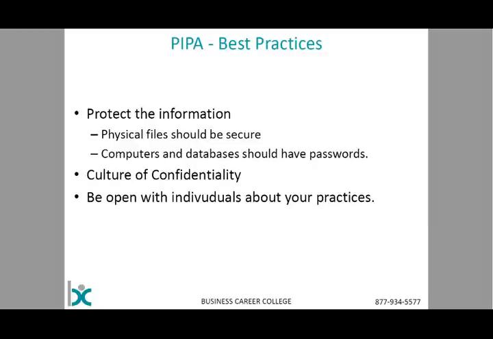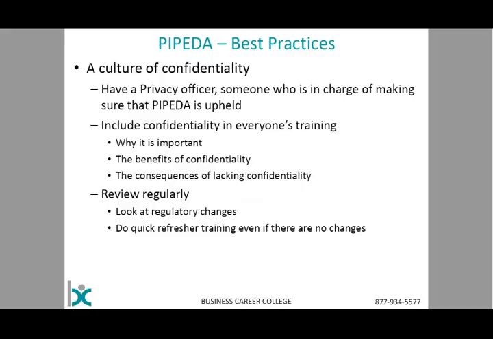I'd also like to take a minute to reflect back on the idea of a culture of confidentiality again. So the same principles that we talked about before under PIPEDA would apply. You as an organization need to have a privacy officer, someone that's responsible for following PIPA, and someone that encourages that culture of confidentiality and is a champion for confidentiality and privacy within your organization.